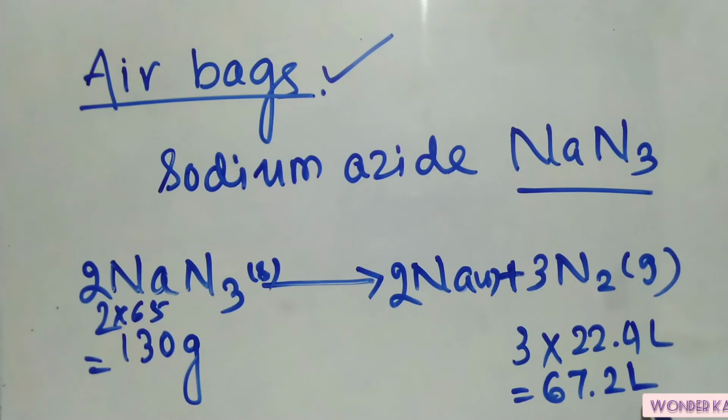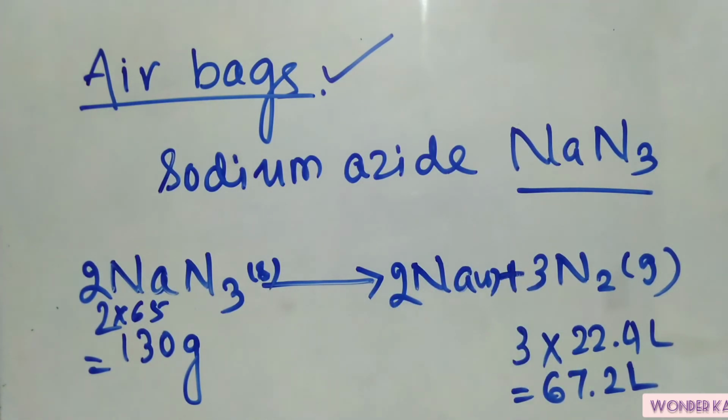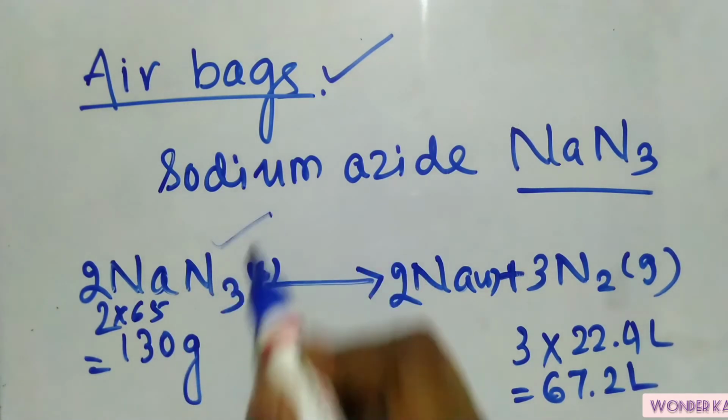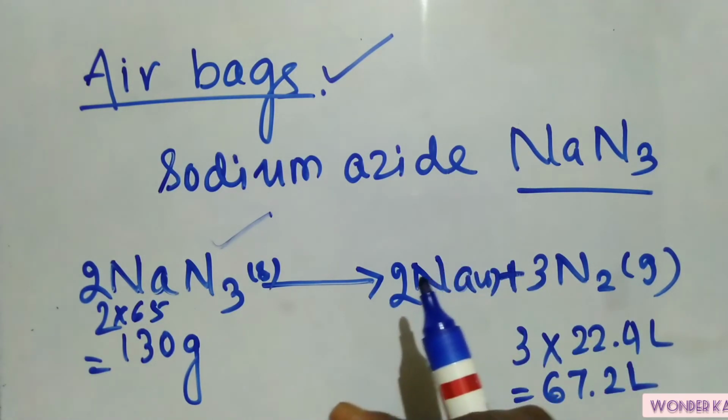This much nitrogen gas is obtained from 130 grams of sodium azide. So according to the full volume of the inflated airbag, the mass of sodium azide can be kept to make it function properly, isn't it? Otherwise we can't get a sufficient amount of nitrogen to inflate the airbag during the collision.